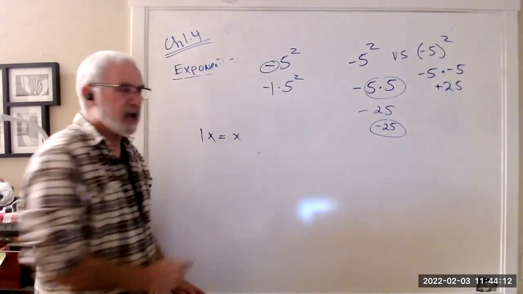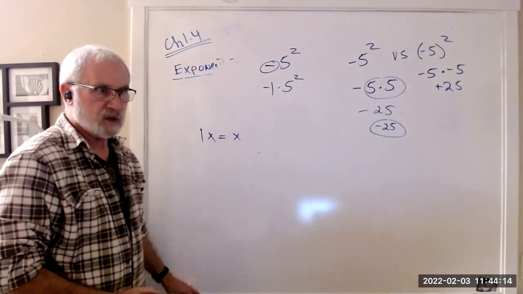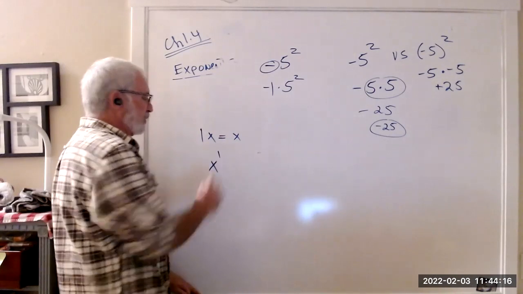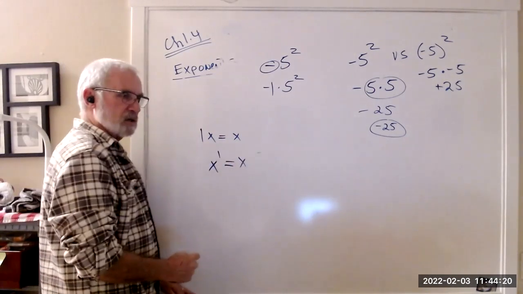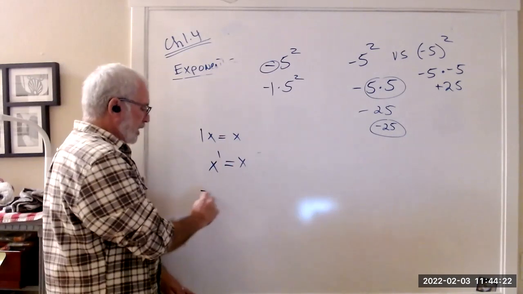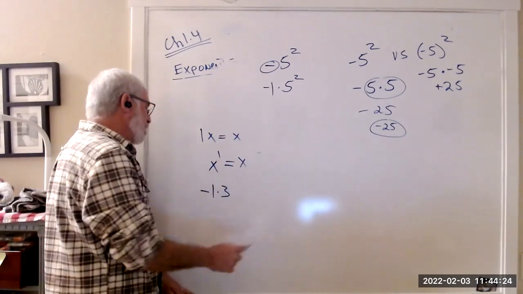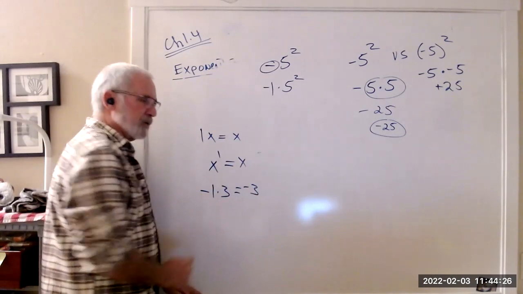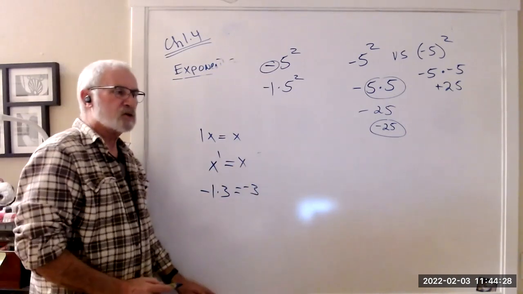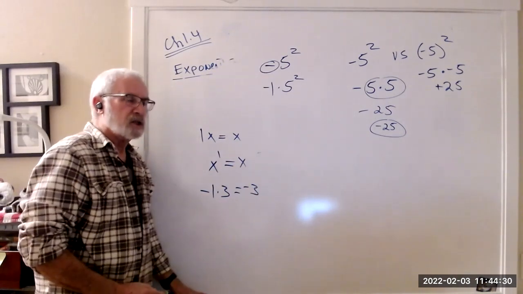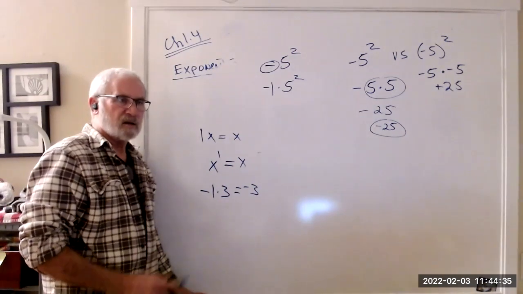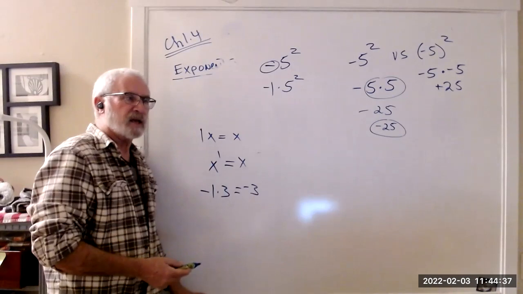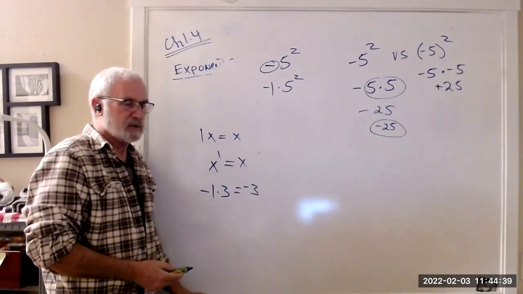We're just going to say x. Okay, we don't want to write x to the first power. We're just going to say x. We don't want to write -1 times 3. No, we're going to call that -3. Because mathematicians are lazy. The least number of symbols necessary to express our idea is what we like as mathematicians.